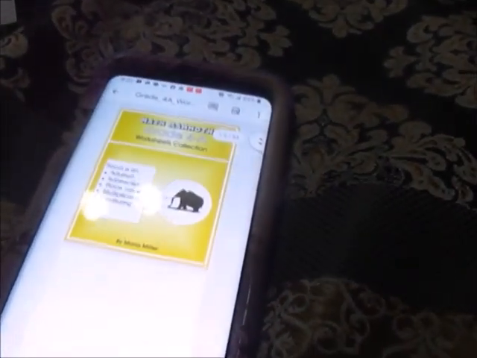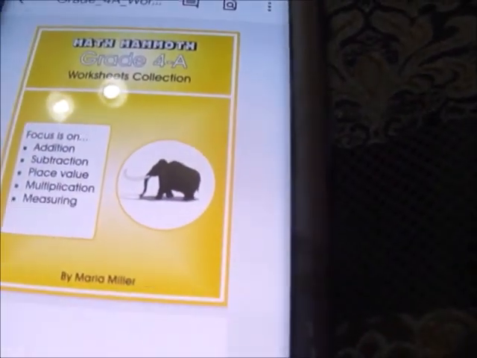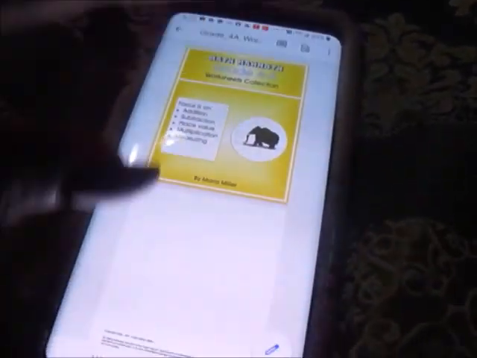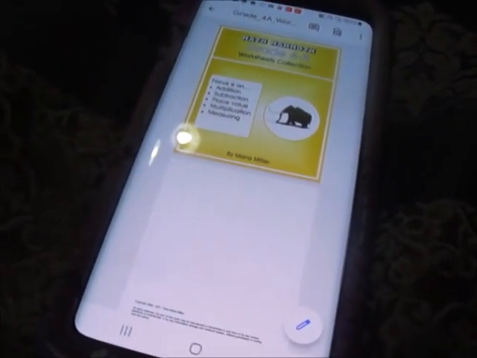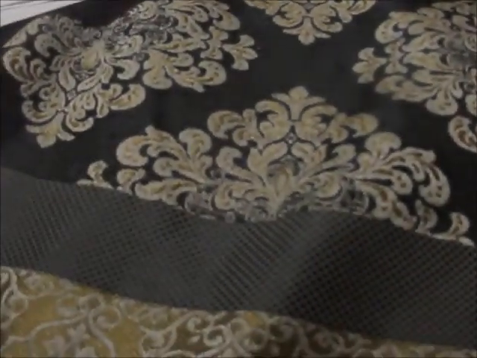Alright. Let me show you guys what I'm flipping between, levels 2 and 4. There is Math Mammoth. I have all of them, tests, everything, answer keys on my Google Drive, and so I only print out what I need.